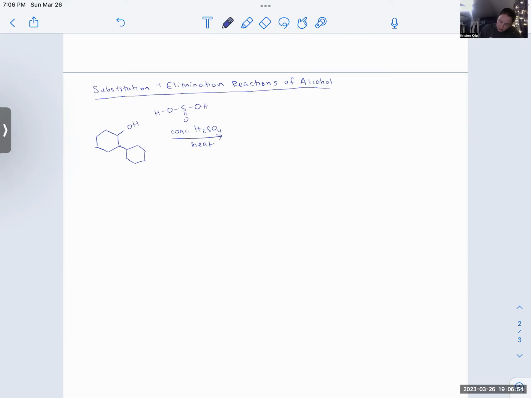And then if we put in all of our electrons, okay, first thing that's going to happen, I'm going to redraw this. So our OH or alcohol is going to grab one of these hydrogens, so the electrons are going to move back on here.